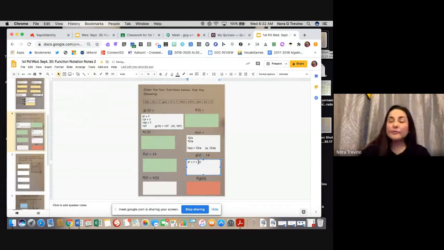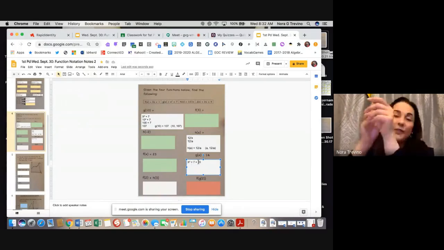So now I'm going to solve the equation for X, because they didn't give me the input. I'm trying to find that input. So what would be the first step to get x alone? Who would you move first? What would you do? Subtract 7. Very good. We're going to do minus 7 to both sides.